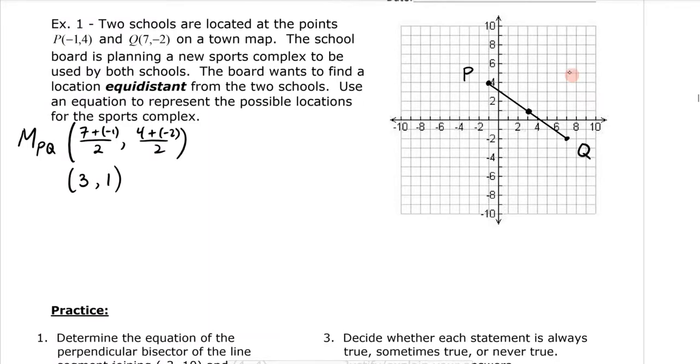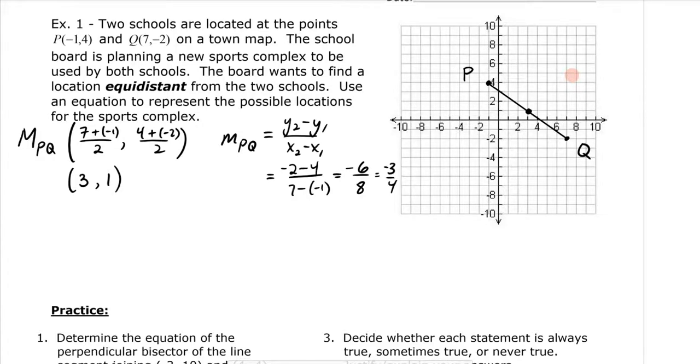So if I find the slope of P and Q, I can use that to help me find the slope of the perpendicular bisector. And so the slope between P and Q is the difference between the two y values over the difference between the two x values. So now if I plug in the values, y2 minus y1, so negative 2 minus 4 over 7 minus negative 1, which is negative 6 over 8, or we could say negative 3 over 4.